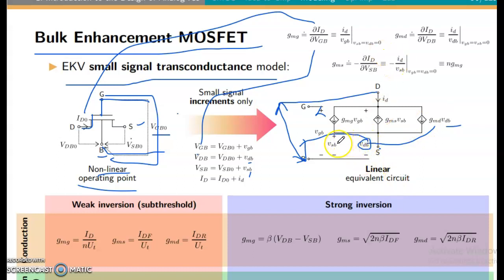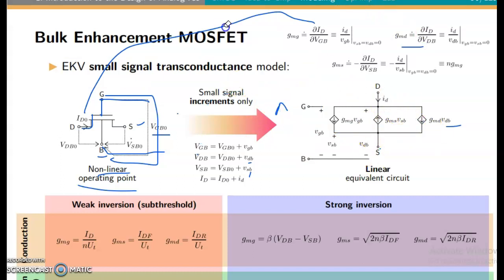And then VSB, VGB, that is GMG conductance, okay, fine. Then GMD, we have already seen.